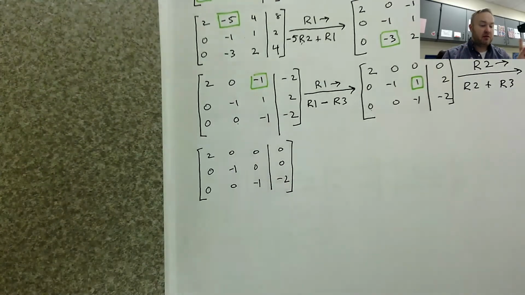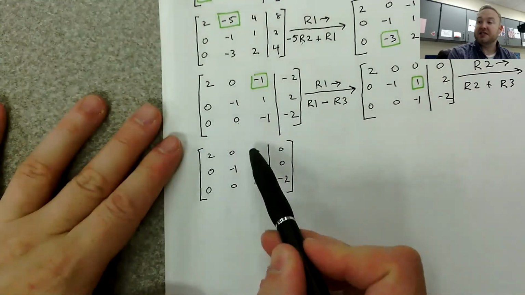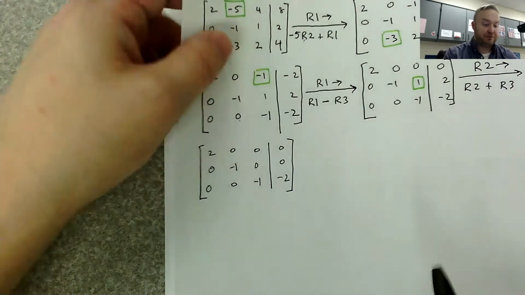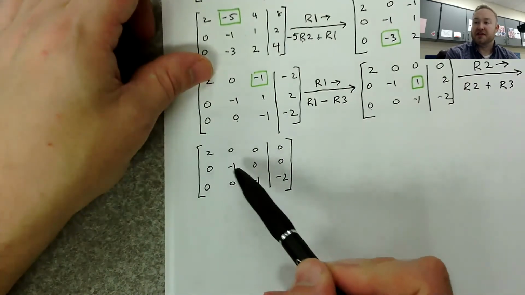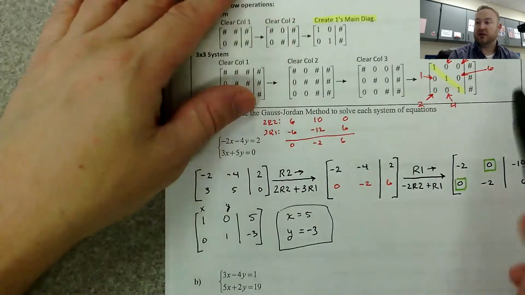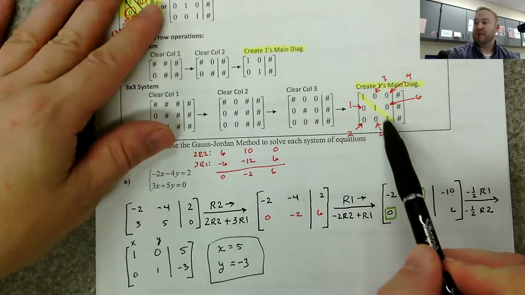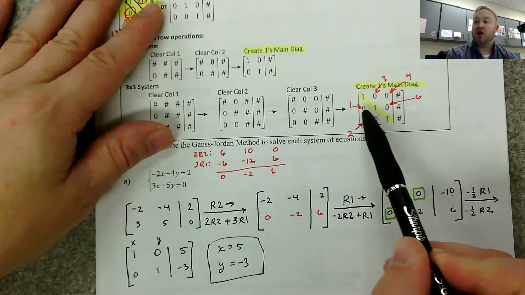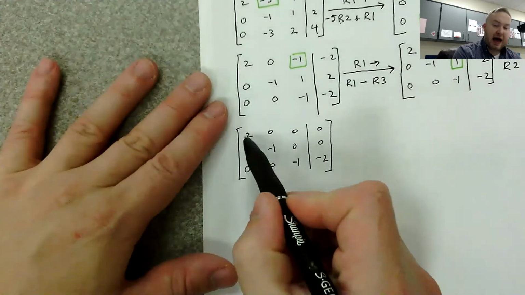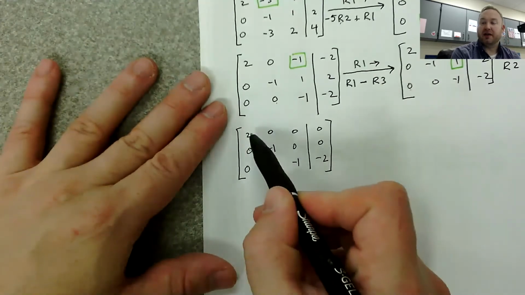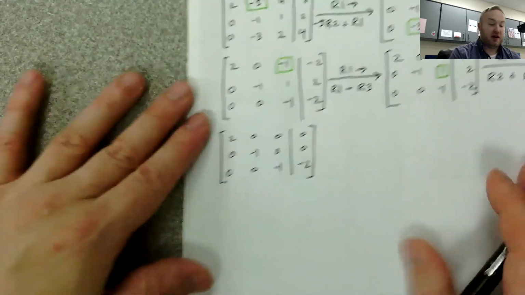Okay, last step. We've got all the zeros that we were trying to get. The only numbers that are not zeros are the numbers in this main diagonal here. And if you go back and look at our goal, the numbers in the main diagonal are supposed to be 1s with 0s everywhere else. Now, I need to make these numbers into 1s instead of a 2, a -1, and a -1.